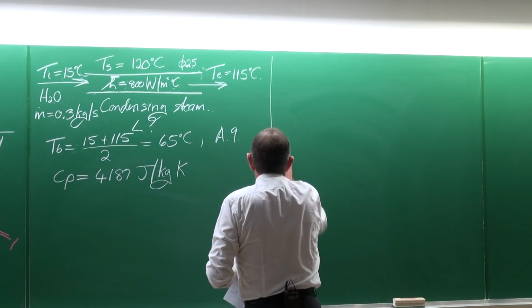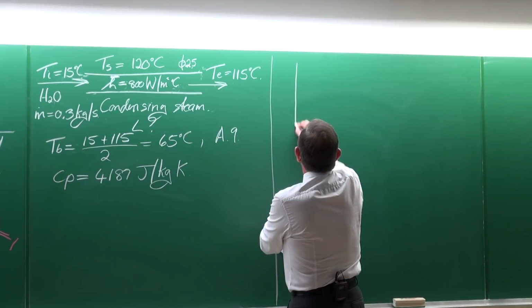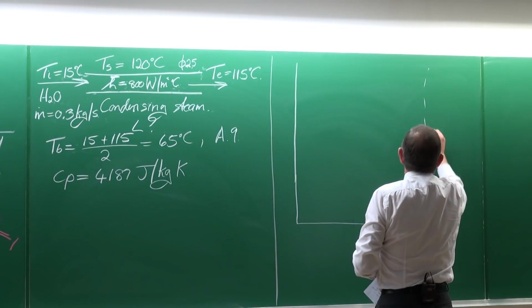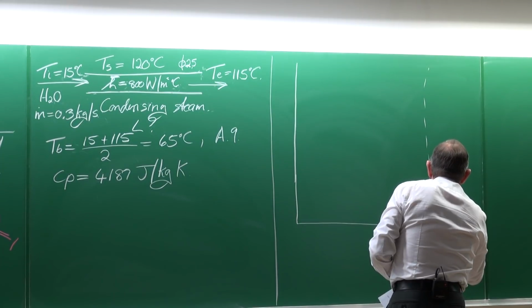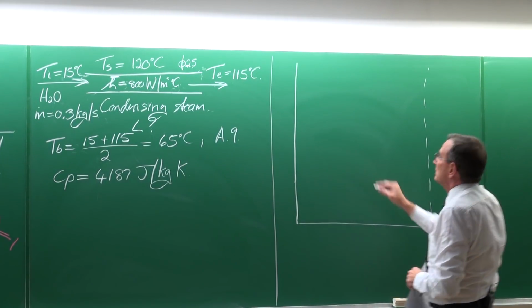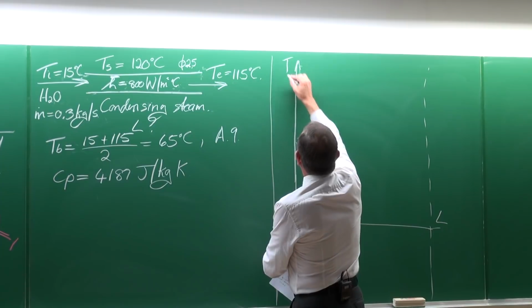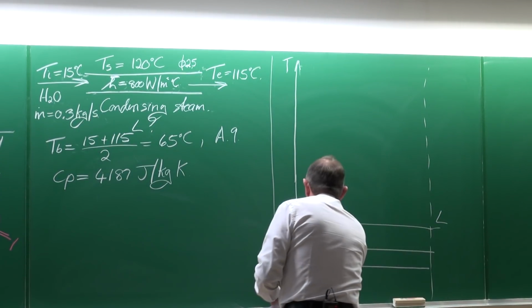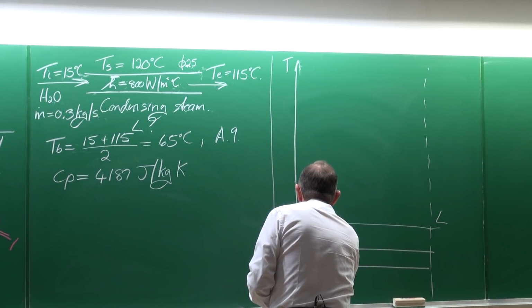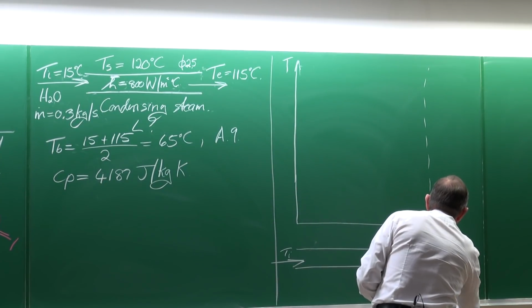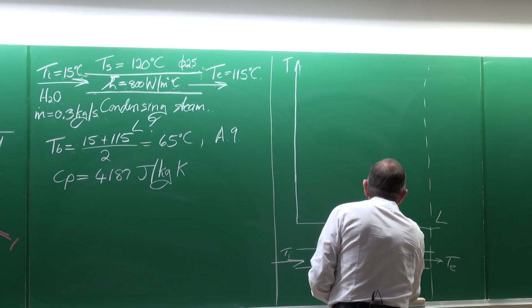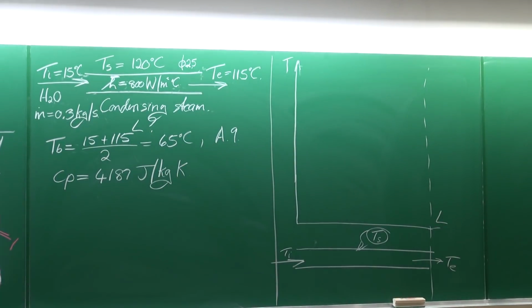Now again, I want to show schematically this problem. Okay, that is the length L. We do not know how long it is. Here we've got the tube. That is the inlet temperature. That is the outlet temperature. And we have the boundary condition that the temperature on the wall is a constant.